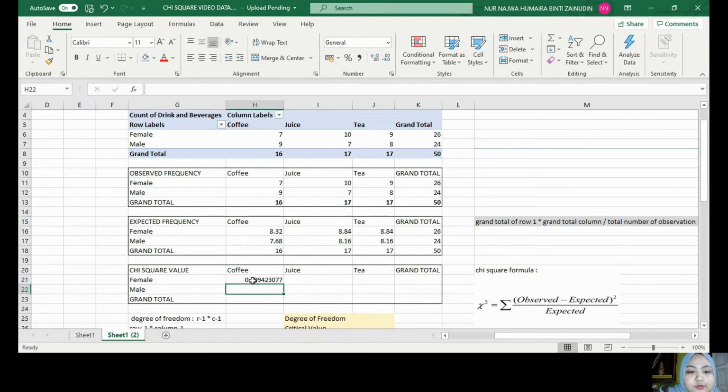So the answer is 0.209. You just have to copy and paste the formula for the rest of the cells and find the grand total for the chi-square value.